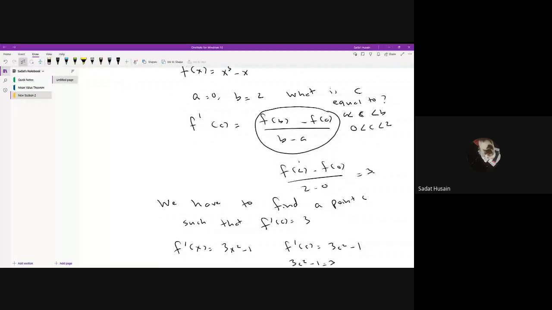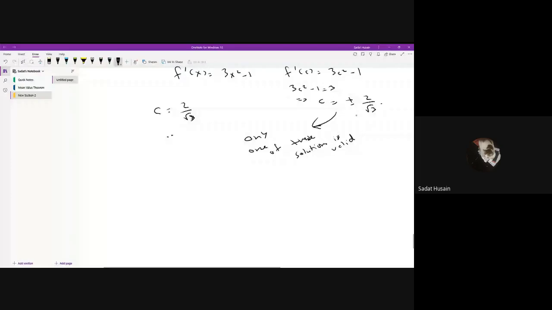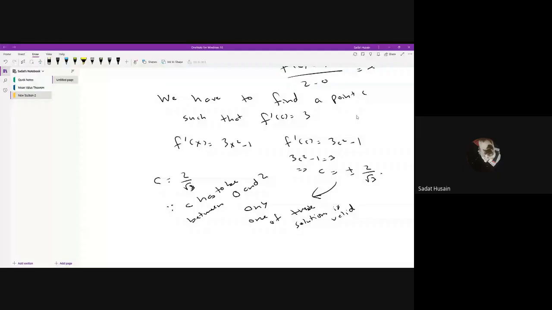Since c has to be between 0 and 2, this is my c. We only take the value that's between a and b.